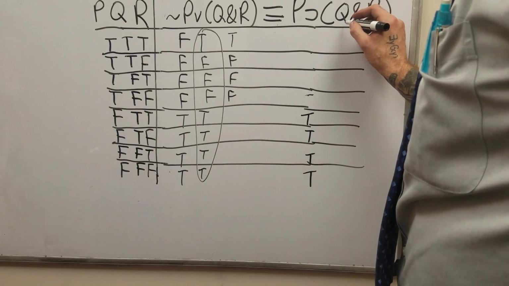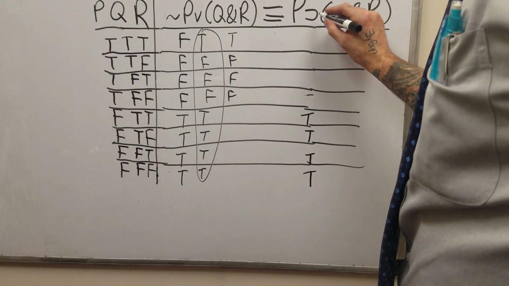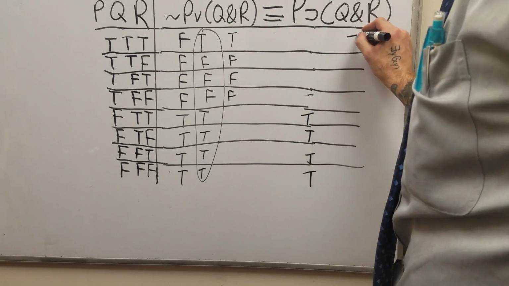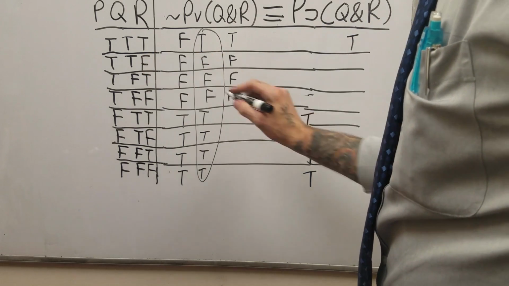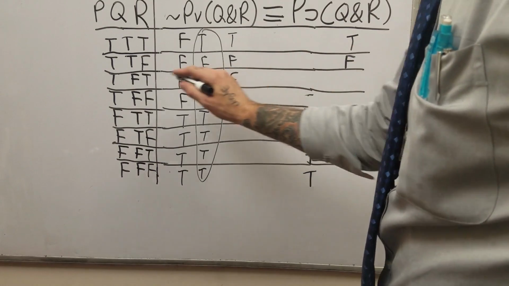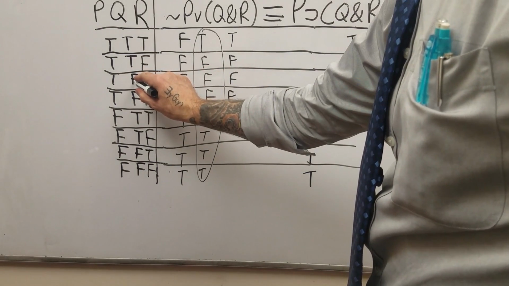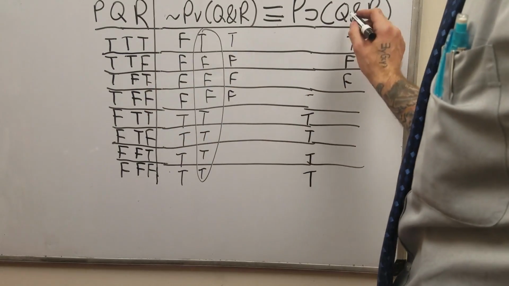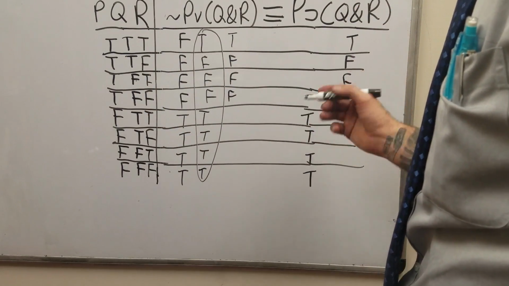So we only need to check Q and R on these first 4, okay? It's true here. It's false here. It's false here, right, because Q's false. And here both Q and R are false, so it's false there.